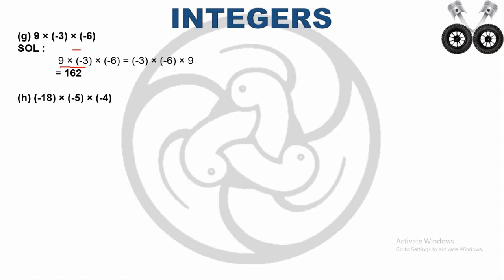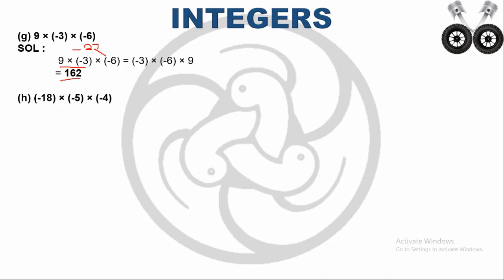Then minus 27 is multiplied with minus 6. Again the two integers have the same sign, the negative sign, so minus into minus gives a positive sign. Then 27 into 6 is 162. So the final answer is plus 162.